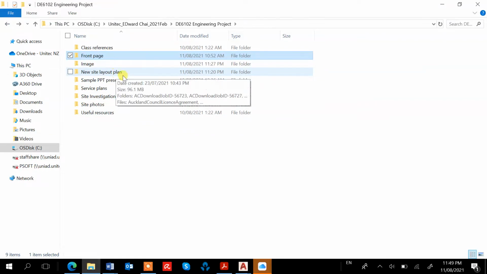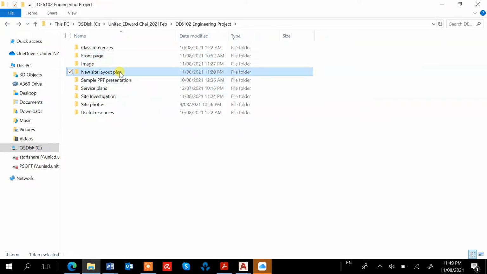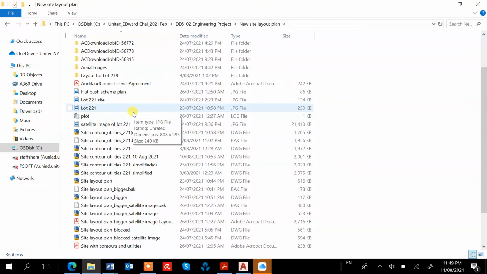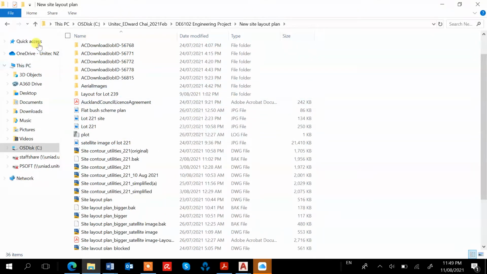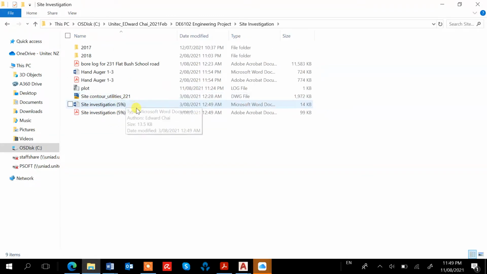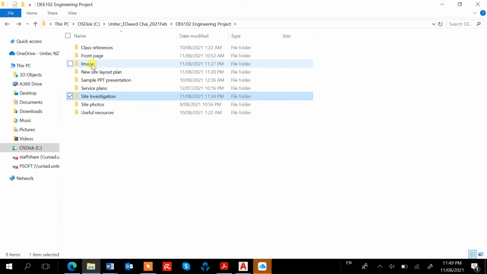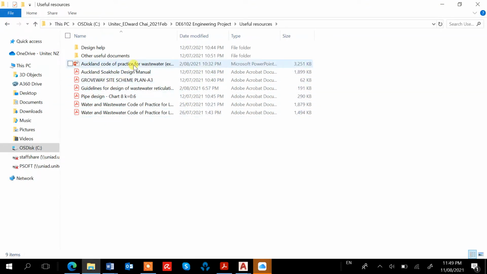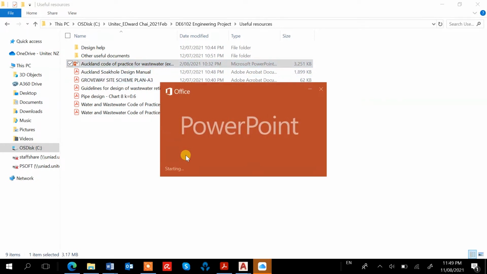New settler print sample. Not this one. Cross reference step. Need to look at the PowerPoint. Image useful resources. Yeah, I think this one.